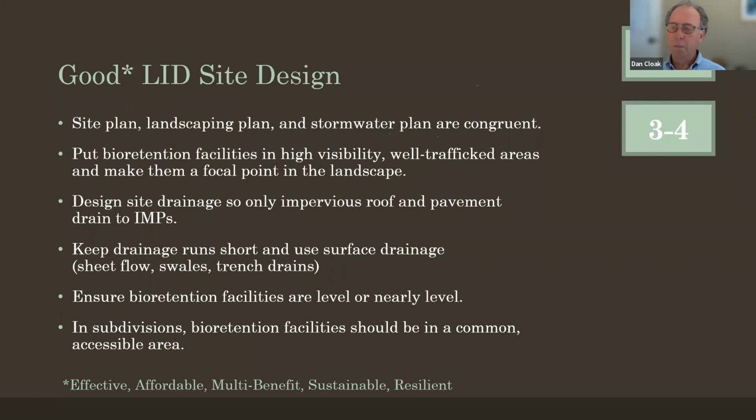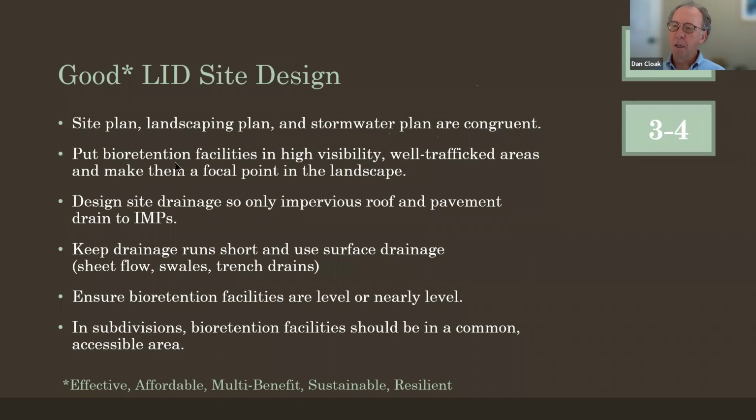I've certainly seen cases where even the set that shows up at the design review board, you open it up and leaf through it and you say, well, here's a bioretention facility shown here, and here's the landscaping plan, and the bioretention facility is not shown on the landscaping plan. What gives? And so that's a basic thing, to make sure that the plan set showing the LID facilities is reflected in the site plan and the landscaping plan.